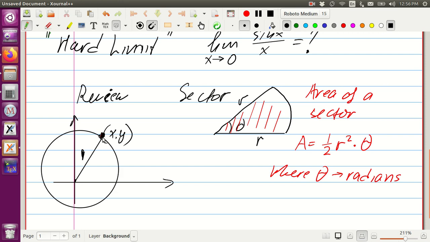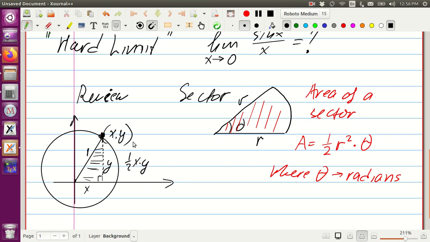So if we're dealing with the unit circle with radius equal to 1, then we can build this triangle over here, and the area of this triangle will be 1/2 x times y.